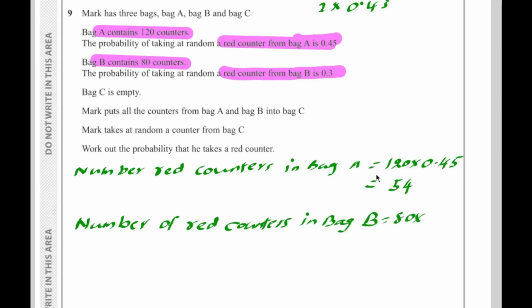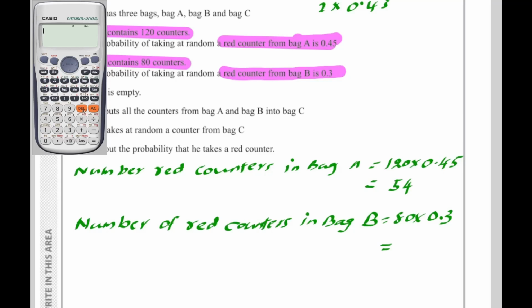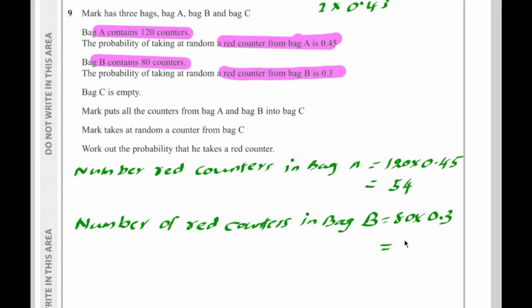The probability of being a red counter is 0.3. So we multiply 80 by 0.3, and then we can get the number of red counters in bag B as well. 80 into 0.3 equals 24. Then there are 24 red counters in bag B.